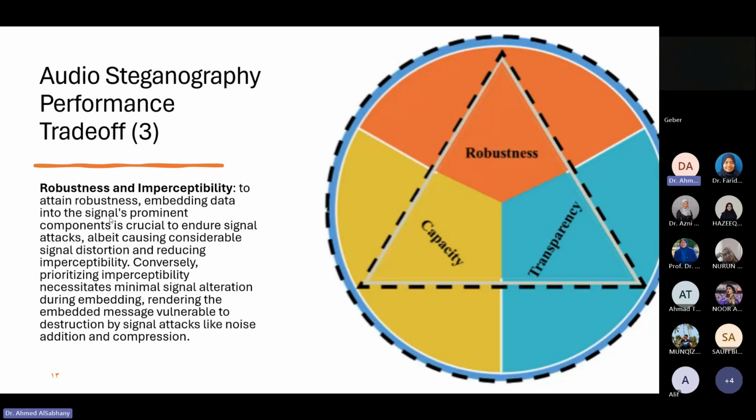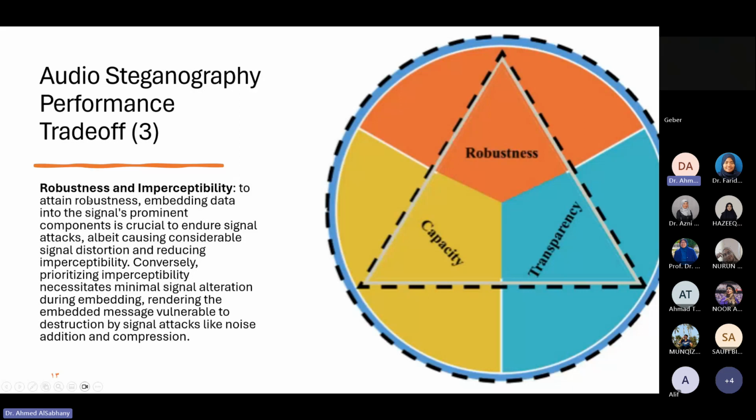If we are targeting a small signal of speech, the data that are embedded in the silent intervals or in the silent parts of the segment will be destroyed directly by simple attacks. However, if the data are hidden in the segments of the signal where the speaker is talking, these are the least likely to be destroyed, and therefore these are the most prominent components of the signal.